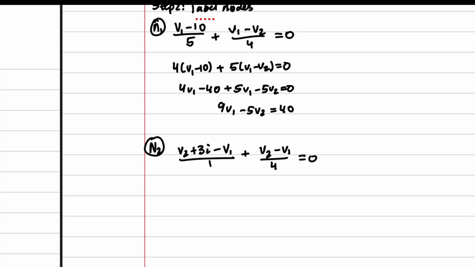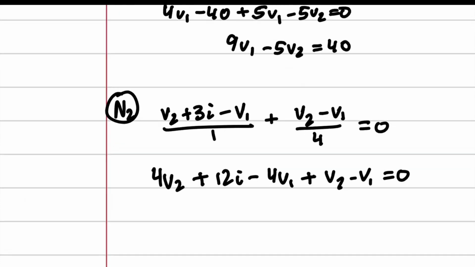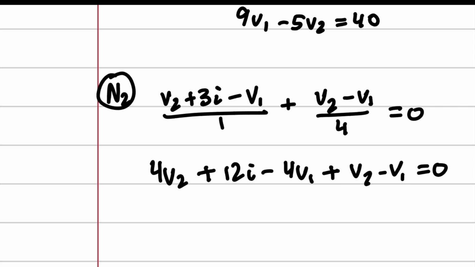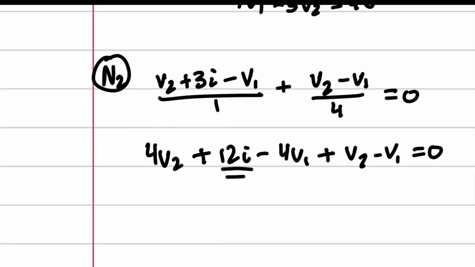We're going to multiply everything by 4. And notice how we have this dependency still here, and it's a current, right? It's a current dependency. And that makes sense because remember, we're adding up all the currents for KCL.